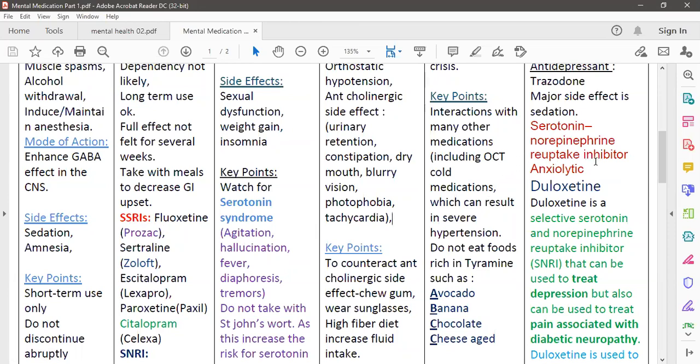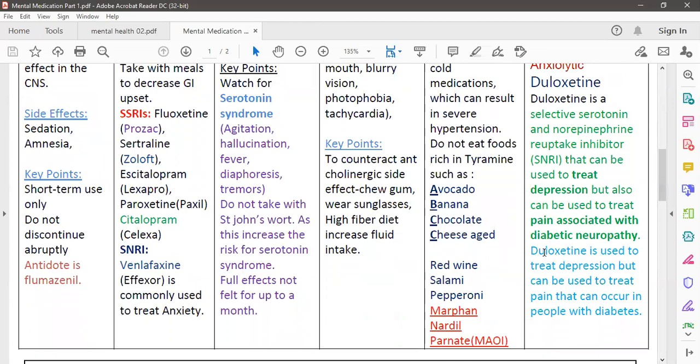SNRI we use for anxiety, like duloxetine. Duloxetine is a selective serotonin and norepinephrine reuptake inhibitor, shortly called SNRI, that can be used to treat depression, but also pain associated with diabetic neuropathy.